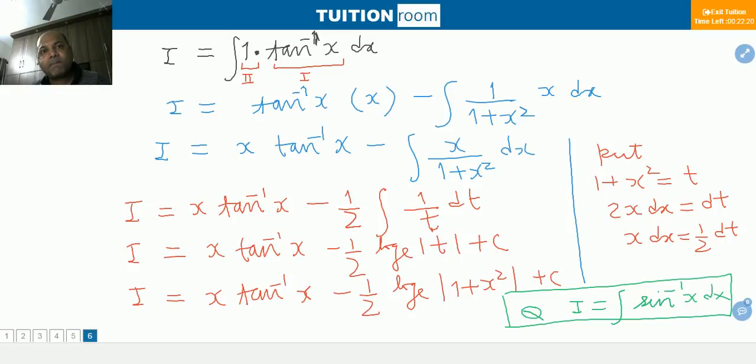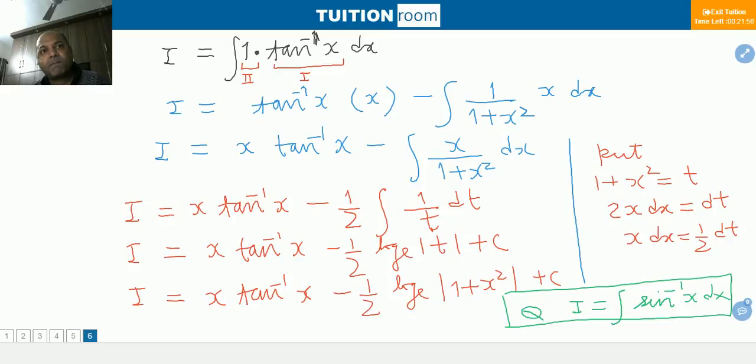Now guys, I would like to give you the next example. My next problem is the integral of log base e x whole square.